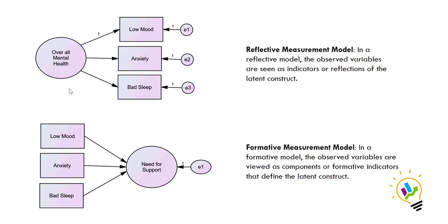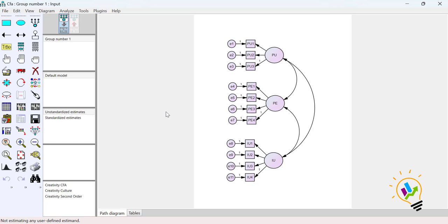Need for support is an unobserved variable which is impacted by the observed variables low mood, anxiety and bad sleep. So the relationships between observed and unobserved variables are called measurement models, and the measurement model in our diagram is a reflective measurement model.